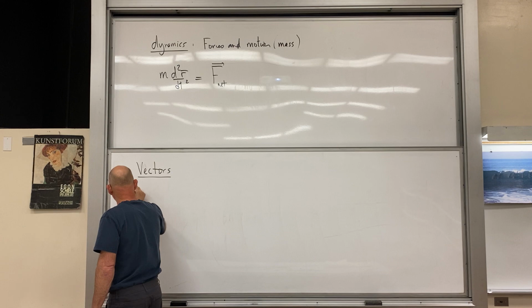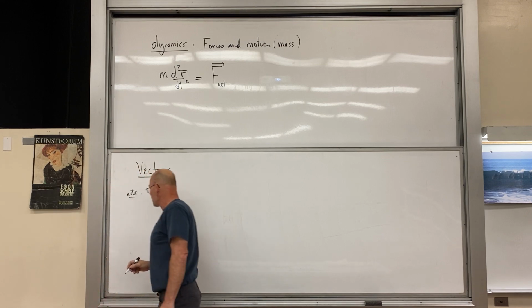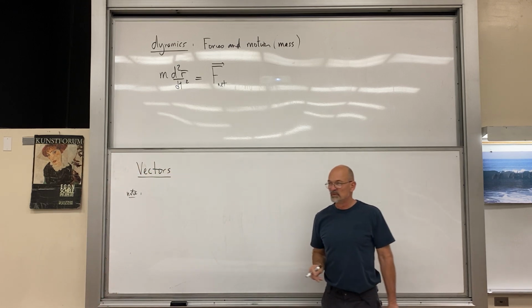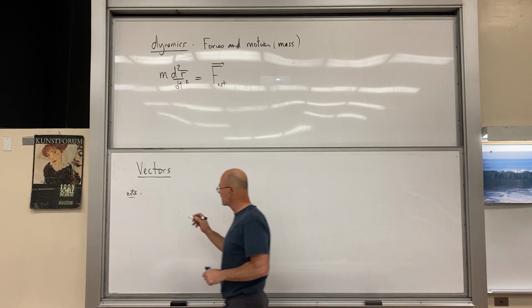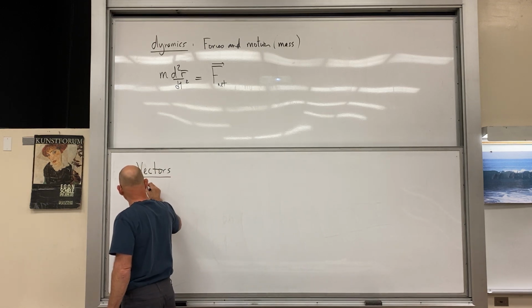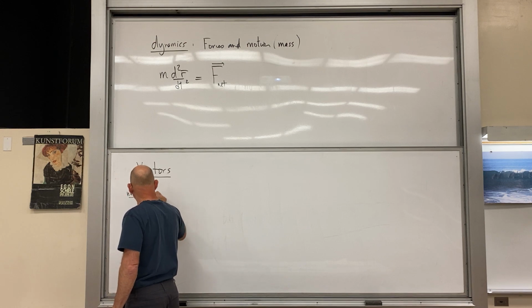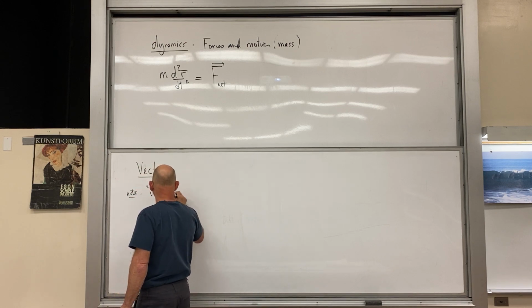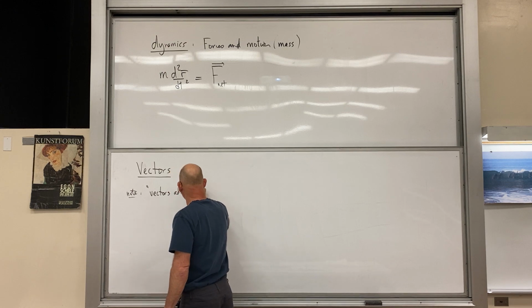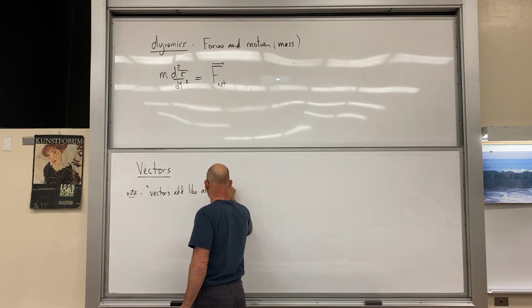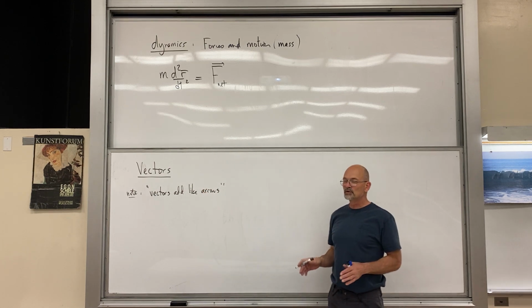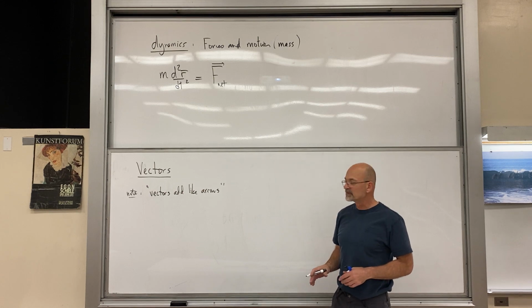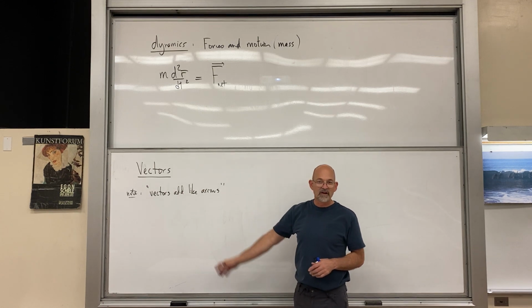An important note: just the fact that vectors add like arrows. I like to actually start this off this way, so put this in a quote. Vectors add like arrows. Because with this little slogan, you can actually invent, reinvent, rediscover, remind yourself of all the laws of vectors.